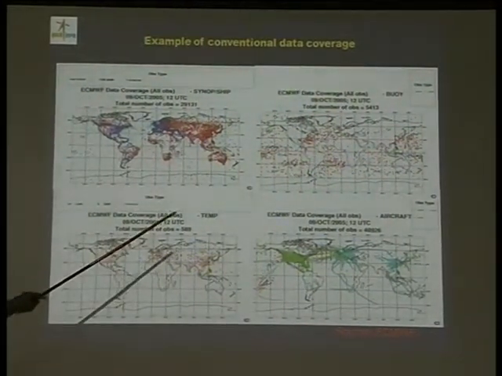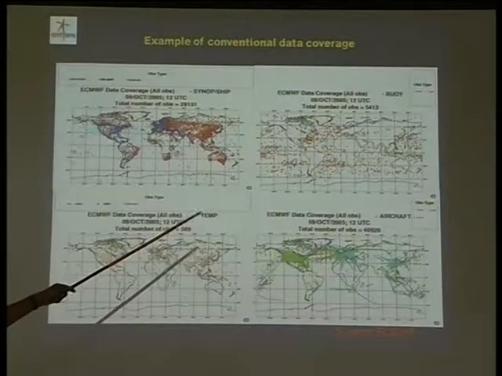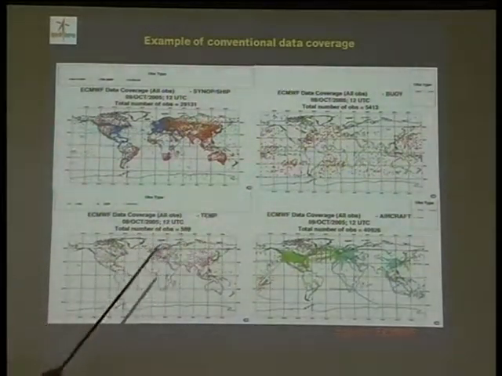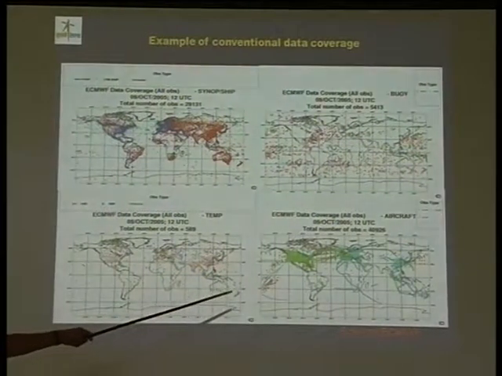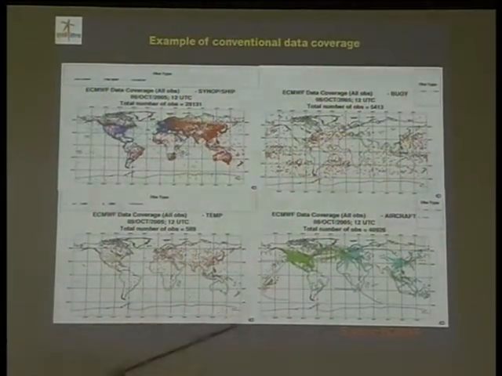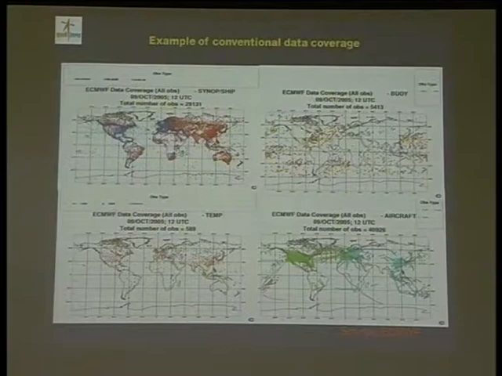Then we have upper air observations, the buoys over ocean, and the observations taken from aircraft. You can see that these observations are not covering the entire globe simultaneously, so we have to go for some alternate source to provide these atmospheric informations.